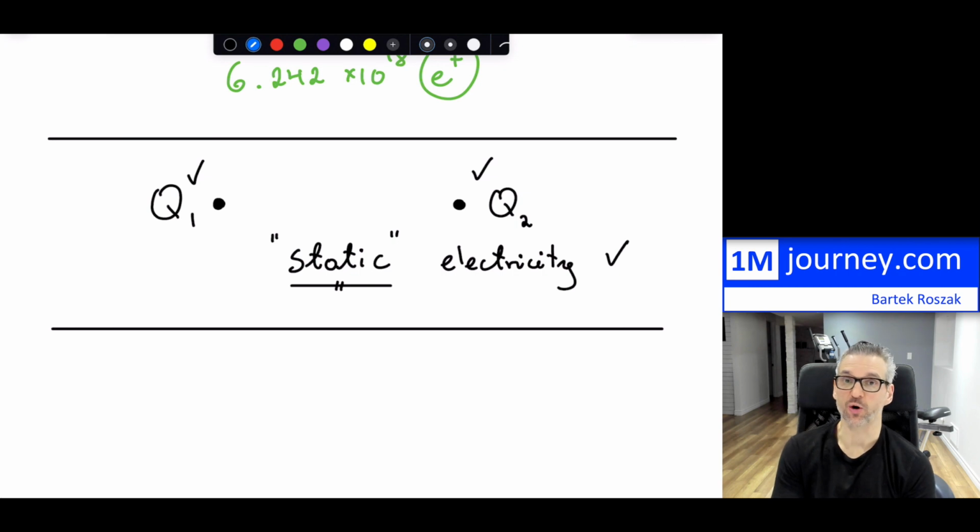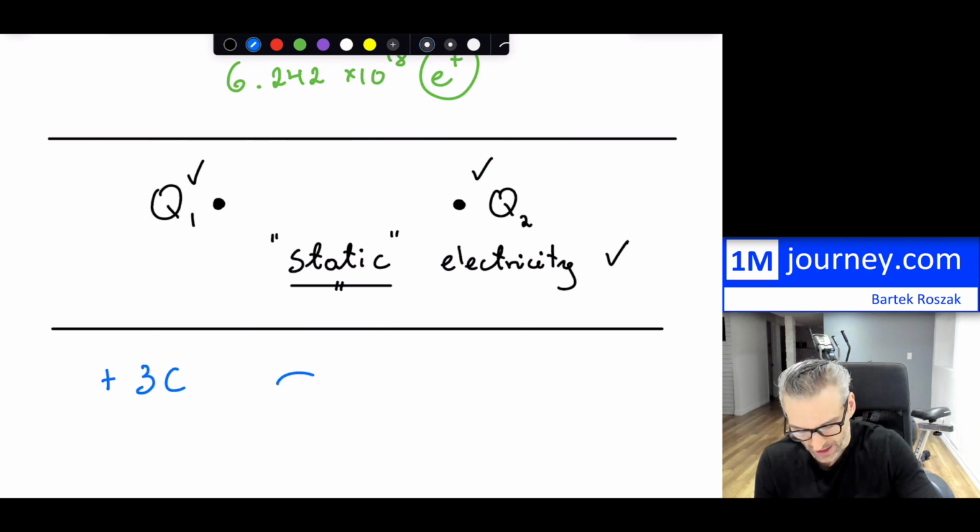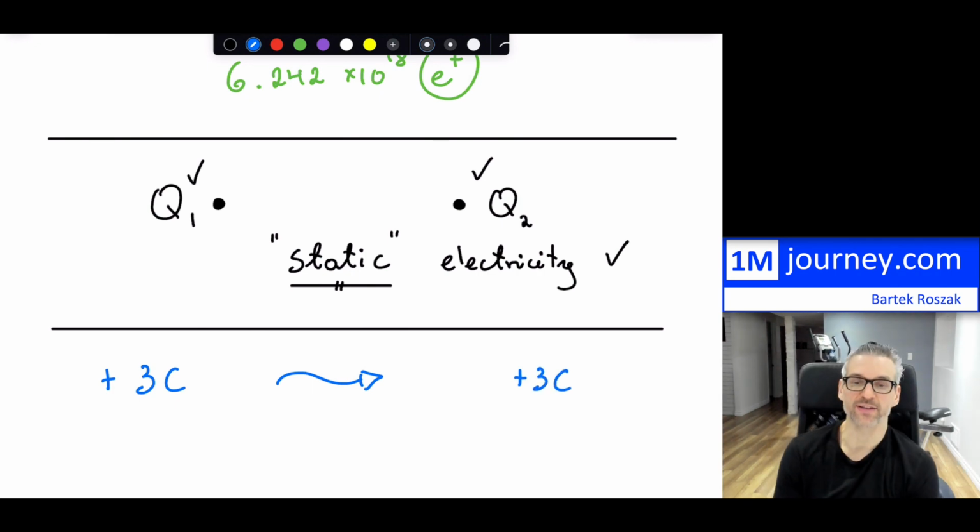It doesn't mean that the charges stay in the same form, because charges can transfer from one form to another. But for instance, if you have a charge of 3 coulombs to start with, then at the end you're going to have 3 coulombs.